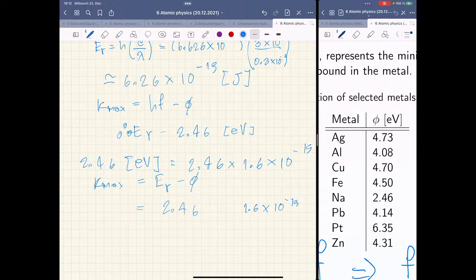You have to multiply this one by 1.6, right?